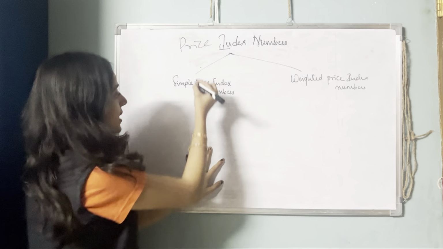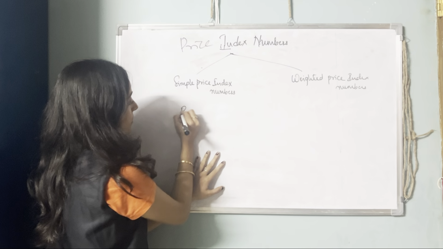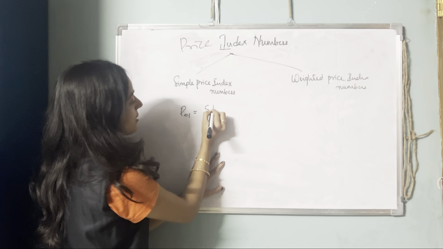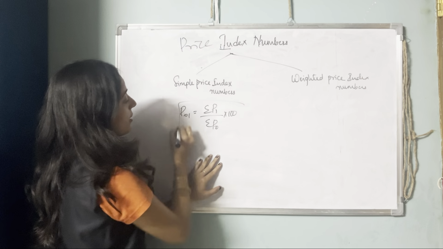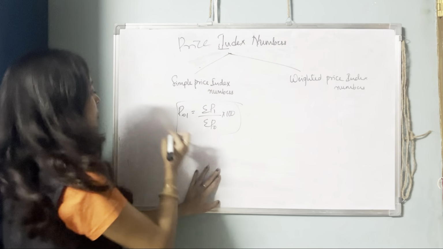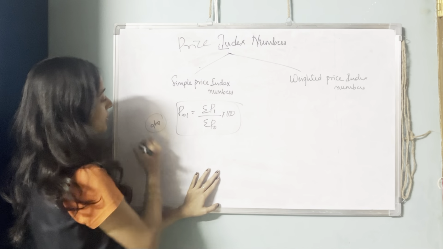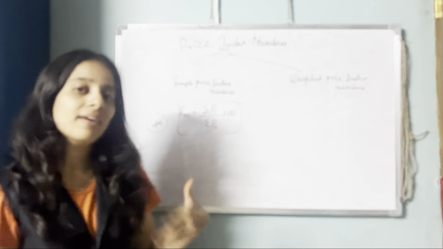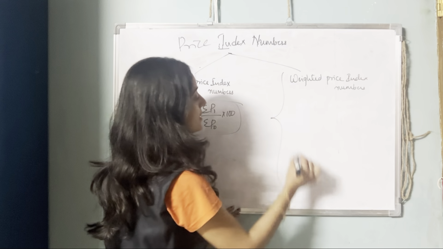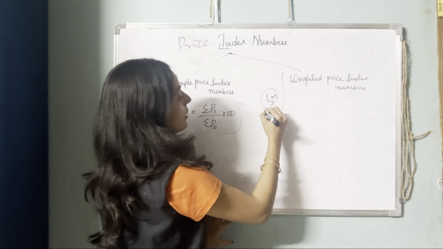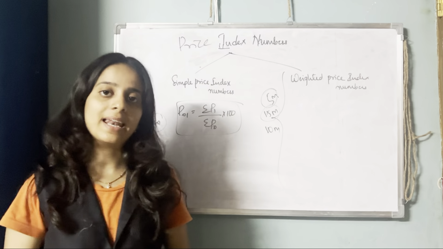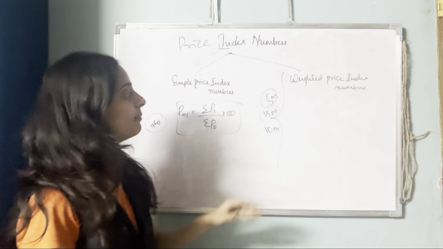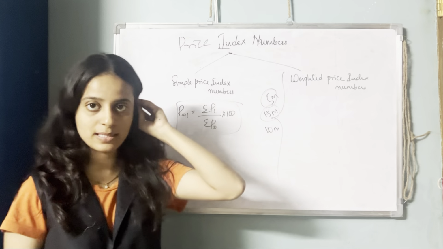Just now we looked into the simple price index number, which is nothing but P01 equals summation P1 by summation P0 into 100. Simple formula which I told you that we may usually expect for 2 or 5 marks. But this is something which we can expect for 5, 10, 15 marks, that is weighted price index numbers.